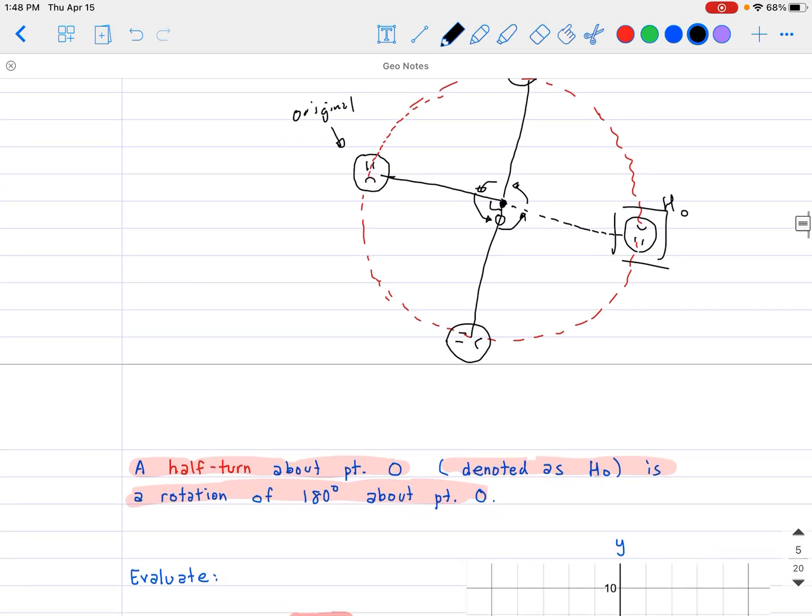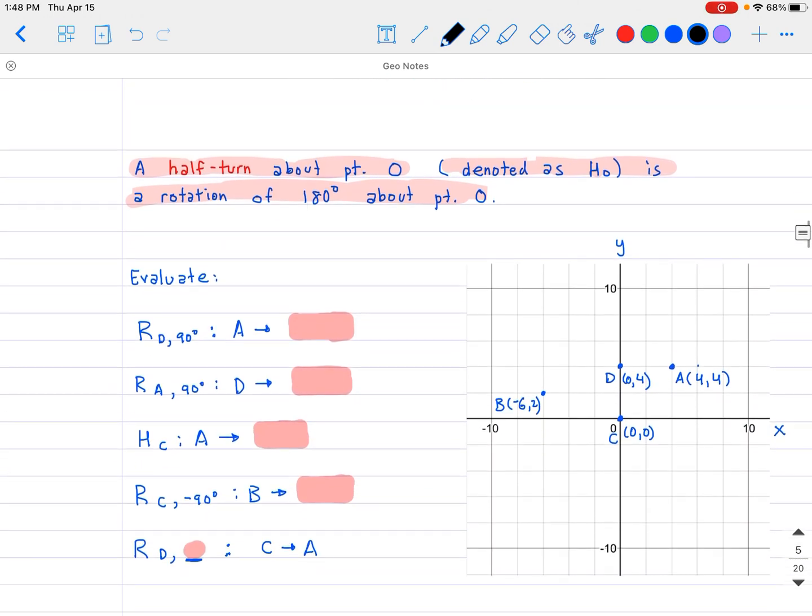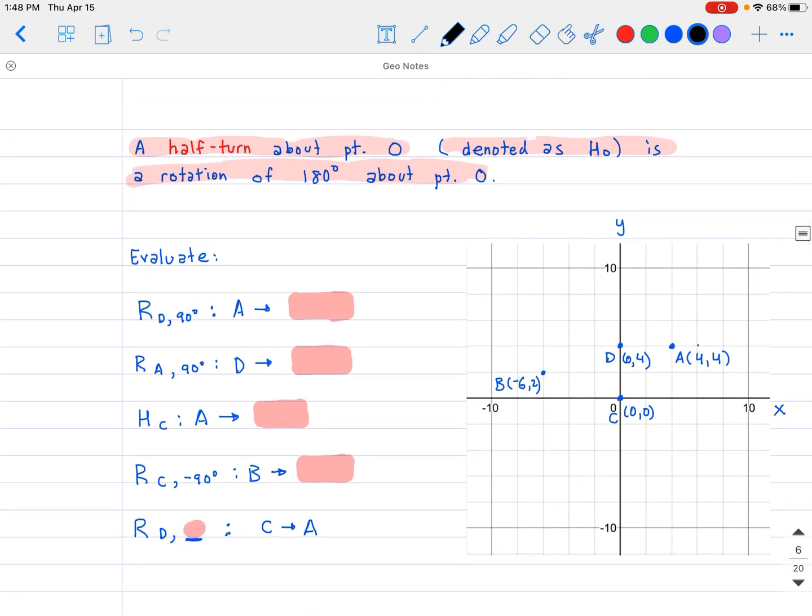Okay. All right, so now let's go ahead and look at some coordinates and see how that actually works out with all of this. So evaluate the following, okay? Here you have a bunch of points on the right, and I want to take them and rotate them about some points that are given to me. So in the first case, we are going to take point A, which is (4, 4), and I'm going to rotate it about point O, which is the origin, okay?